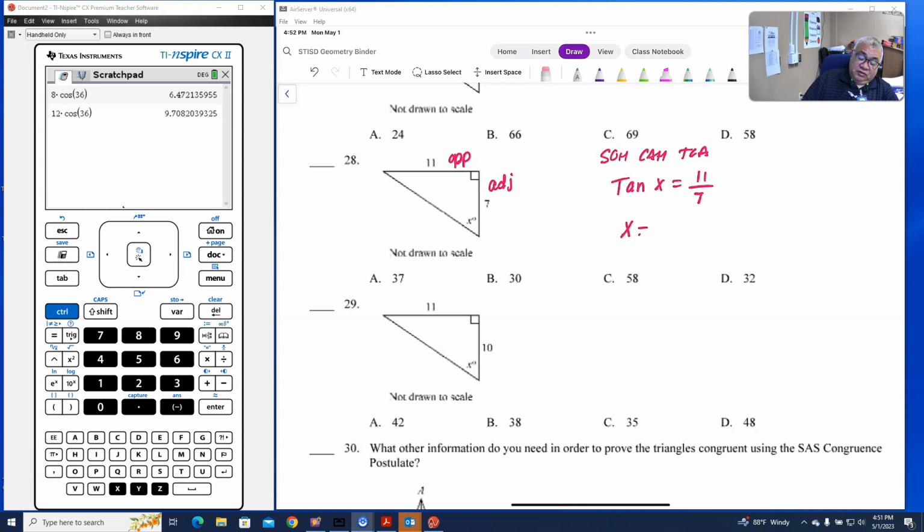To find the angle, you're going to use the inverse function. So you come over to trig, inverse tangent, and type in 11 divided by 7. So it's going to be 57.5 degrees. Make sure that you're in degrees and not in radians.